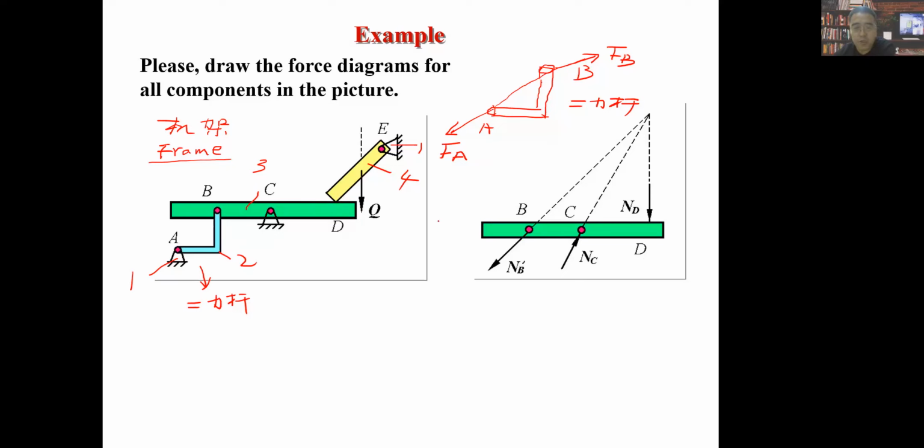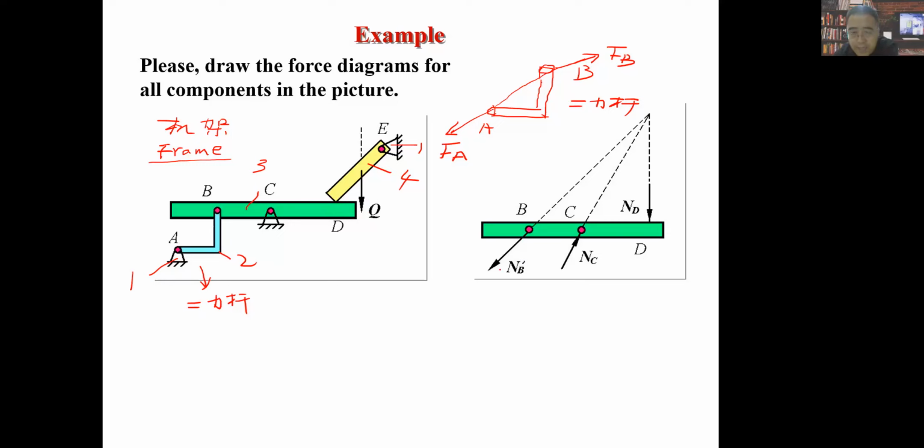Then we should give its constraint reaction force. So if we first know that AB should be a double force equivalent rod, then we know actually this FB is acted by this horizontal rod.